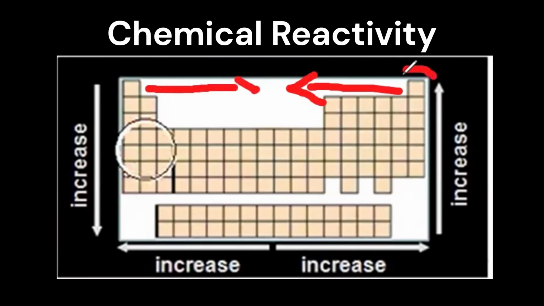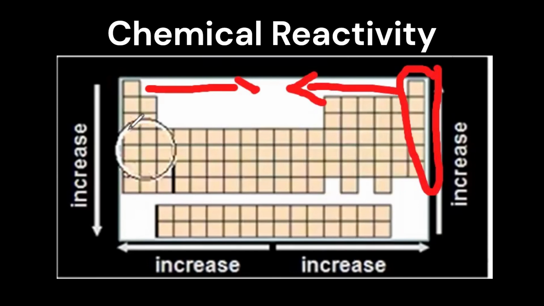The noble gases in group 18 are already very stable because the outermost shell is full of electrons. So it's very hard for them to react, to lose or gain electrons. They are the least reactive elements in the periodic table, because they are the most stable elements.